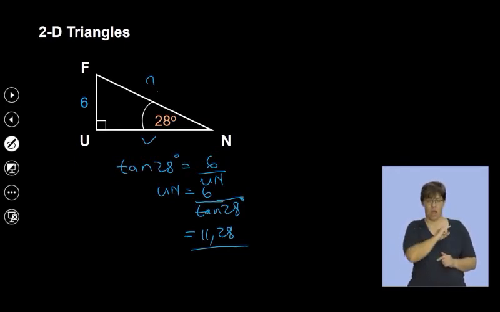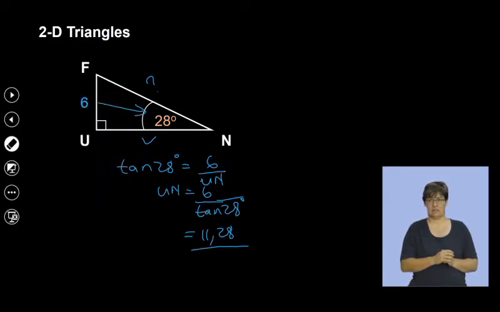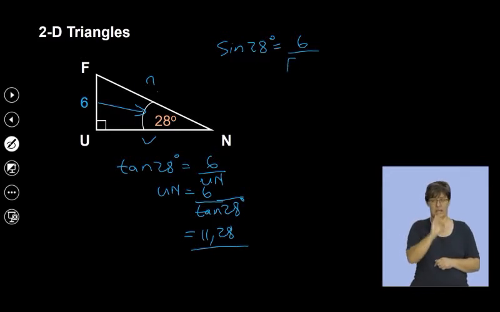Why? Because I'm given the opposite side in relation to the angle, and I'm trying to find the longest side of this triangle. So this will then be sine 28. Okay, let me just erase that and write it properly. So it will be sine 28 degrees is equal to my FU, which is 6 over FN, which I'm trying to find.